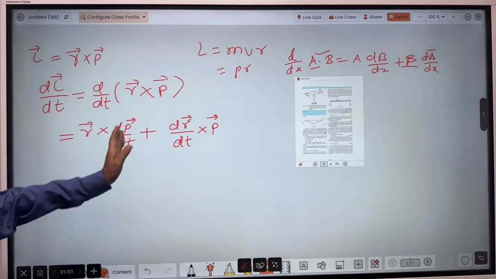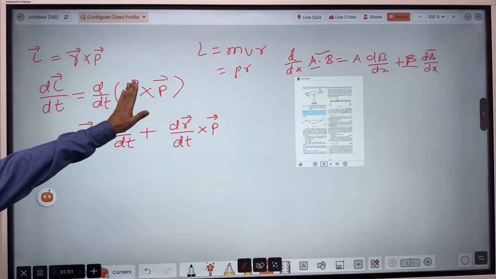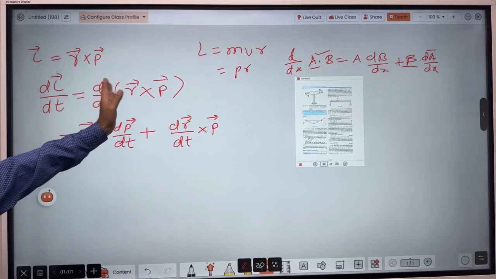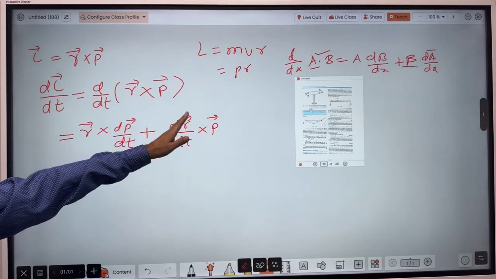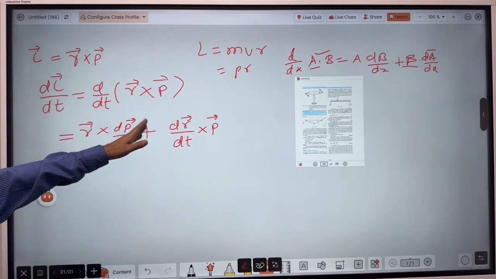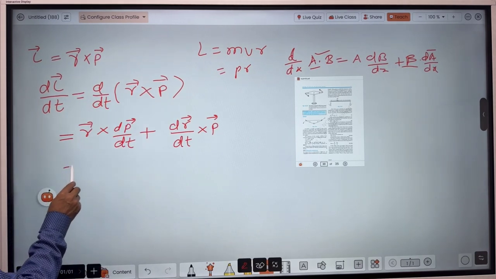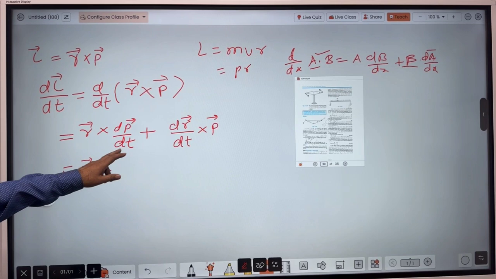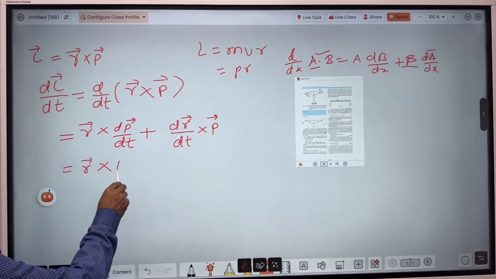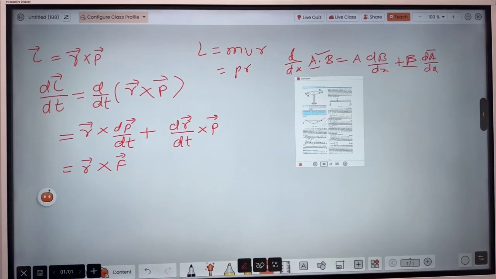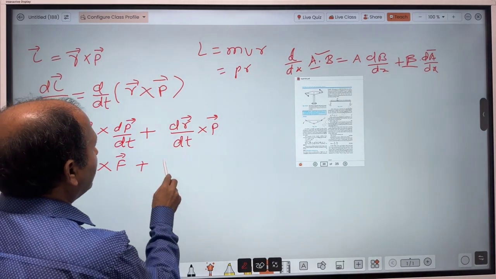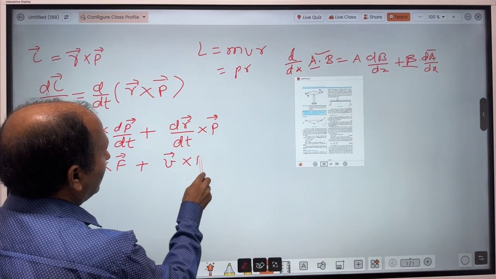First function, second function differentiated, then first function differentiated, second function is written as it is, or you can differentiate first function, keep it intact, and then after that you can do reverse. So same thing. So here R into dp upon dt, change in momentum per unit time, is force, if you remember. And here dr upon dt, distance upon time, is velocity, v cross p.